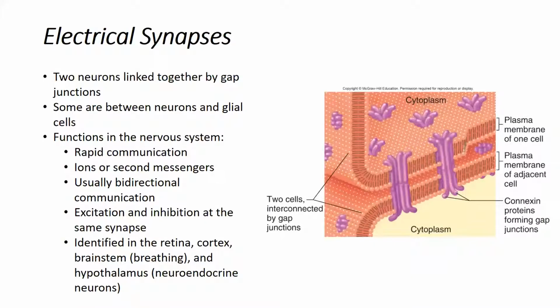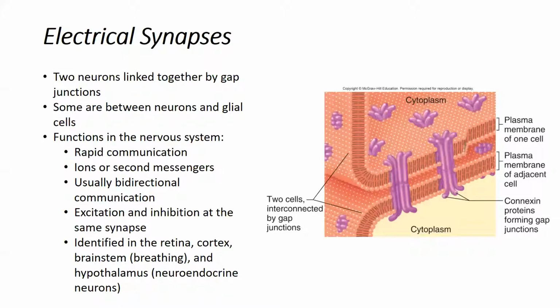Okay, so the electrical synapse, important features about it is that two neurons are connected by gap junctions. Gap junctions are a structure that we will continue to see. This is a channel or an area that allows for communication between two cells. So you can have gap junctions between two neurons or between neurons and other glial cells. We'll talk about glial cells later on.